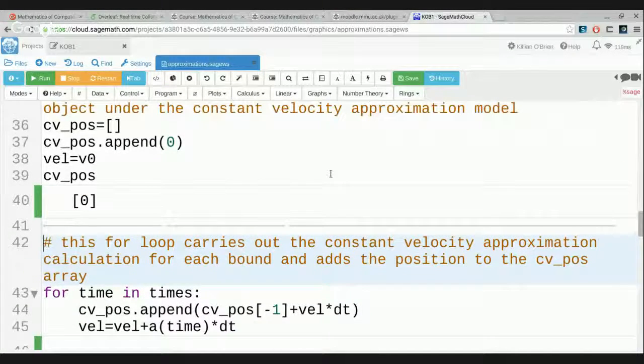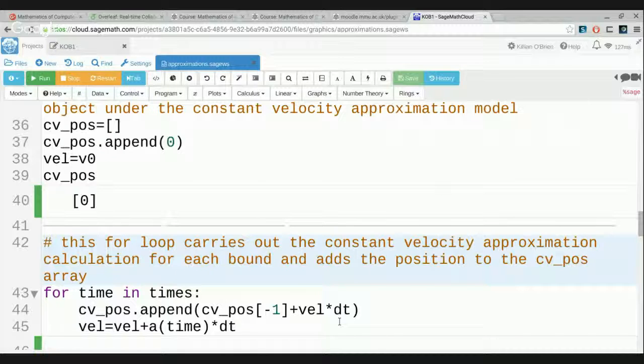For the first bound, the initial velocity is the v0 that it had originally, the original velocity given in the question, which was 5 meters per second. That's the v0 value that the worksheet already has. And this time loop here carries out the constant velocity simulation.